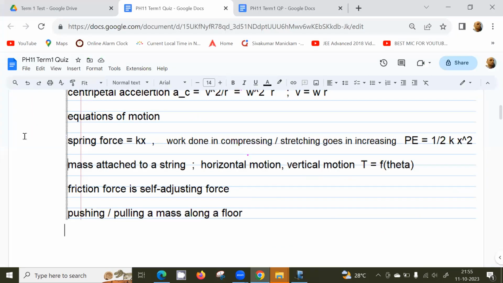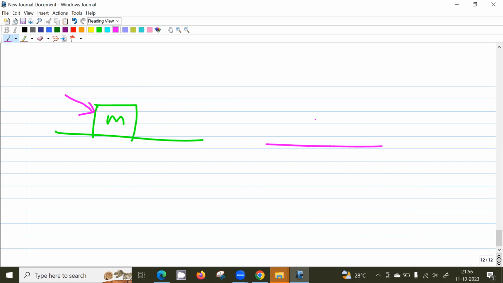Okay, so if I have a mass on the floor, one way to move it is to apply a pushing force. Another way, with the same mass, is to pull it.